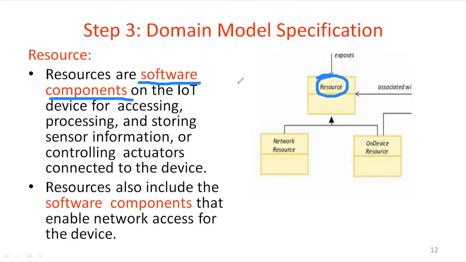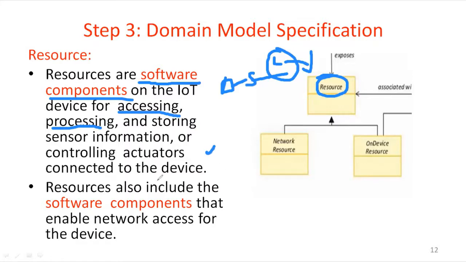Here, for example, the physical entity, the sensor, the logical entity. Where are you storing this information? For storing this information, there is a resource. The resources are used for accessing the data, processing the data, storing the sensor information, and controlling the activators connected to the device.